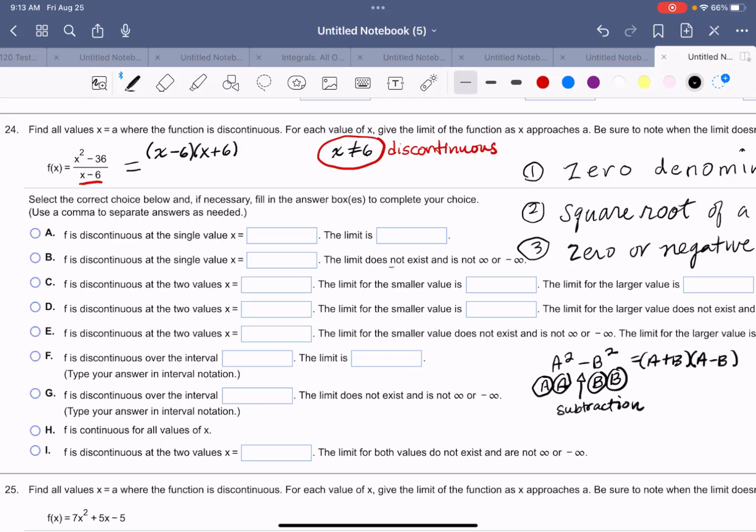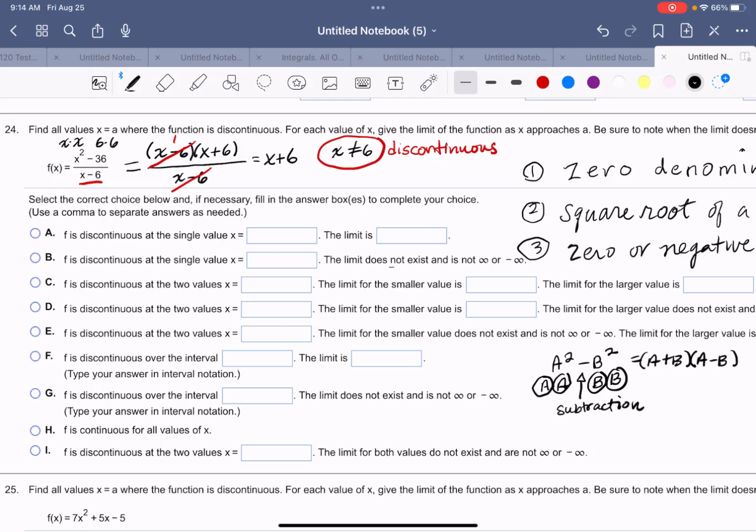And so because x squared is x times x and 36 is 6 times 6, this will be one with a plus and one with a minus. And notice the order of the signs does not matter. Now I'm going to divide this by x minus 6. And now I can see the two factors that are identical that divide to 1, leaving me with a much simpler expression for my function, x plus 6.